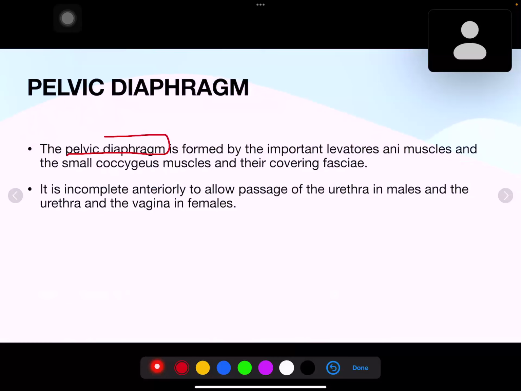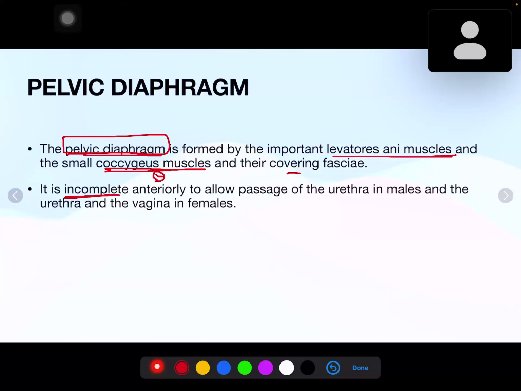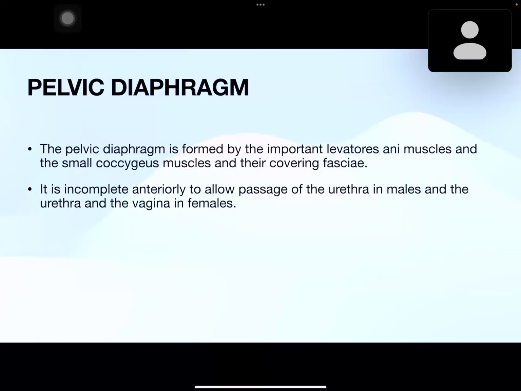The pelvic diaphragm is formed by two very important muscles: the levator ani muscle, and the smaller second one, the coccygeus muscle, and also the covering fascia. It is also incomplete anteriorly to allow passage of the urethra in males and the urethra and vagina in females. I'll tell you in the next slide. See this slide.